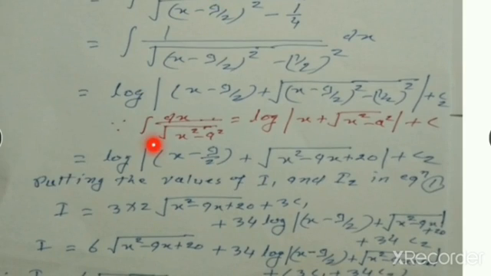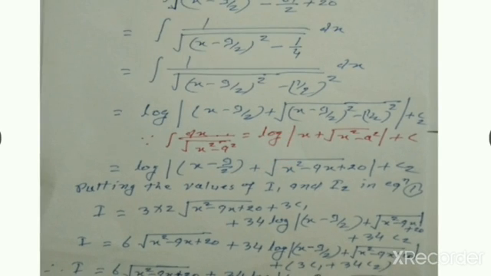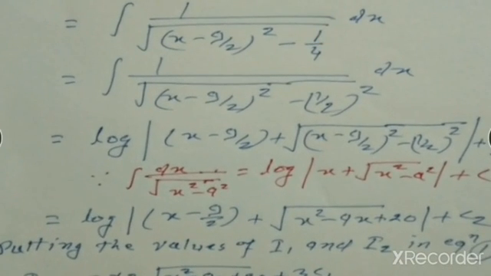Now using the formula, integration dx upon root x square minus a square is equal to log absolute value of x plus root x square minus a square plus c. Our question, integration 1 upon root x minus 9 by 2 whole square minus 1 by 2 whole square, is written in this form, so we have to use this formula.